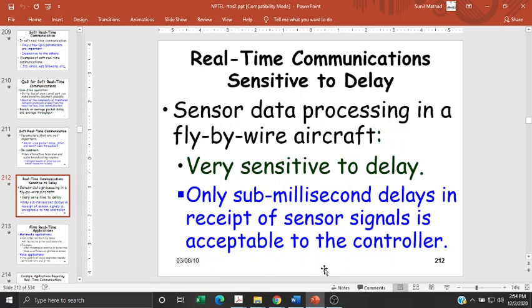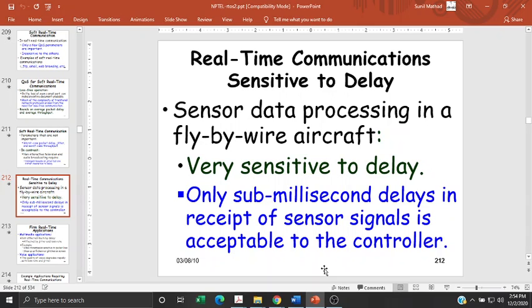For direction corrections and other things, you have somewhere around some milliseconds of timing so that you are still on the correct trajectory. Otherwise you may move out of the trajectory and land somewhere else. So it is very sensitive to delay.